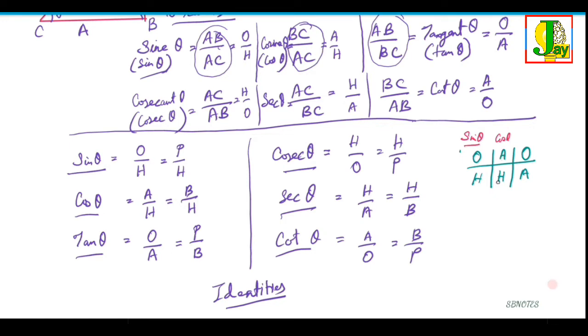Then cos theta, that's adjacent by hypotenuse. Then tan theta, that's opposite by adjacent, and the inverse of tan theta is cot theta. Then the inverse of cos theta is sec theta. Sec theta is hypotenuse by adjacent, and cosec theta is hypotenuse by opposite. Okay, so this is the short way to remember: OA, OA and HH.